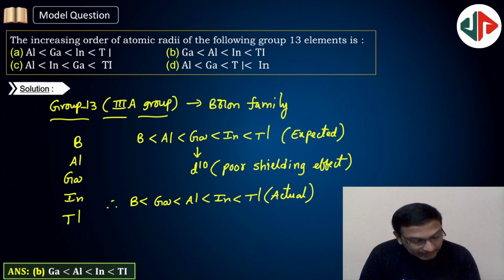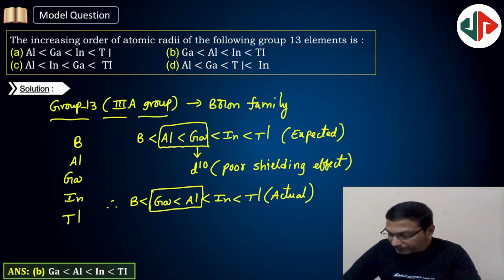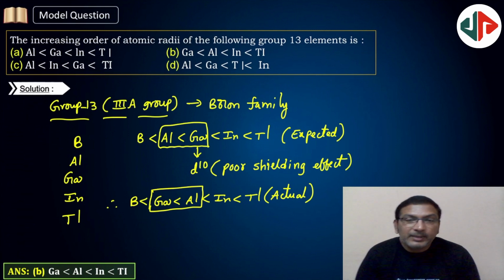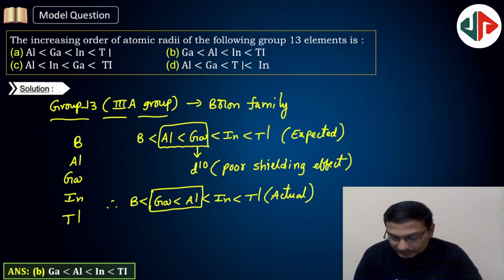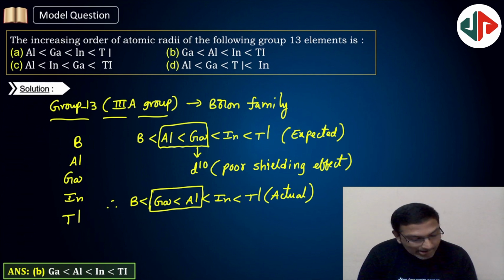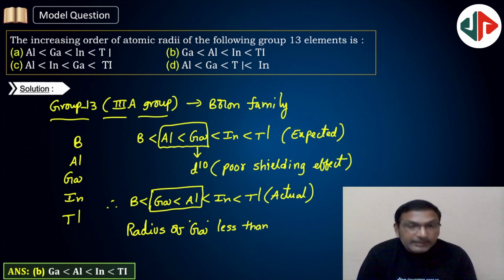Here this is an anomalous pair. Due to poor shielding effect of D10 configuration of gallium, it will have small radius when compared to aluminium. So here radius of gallium is less than aluminium. Very, very important for competitive exams.